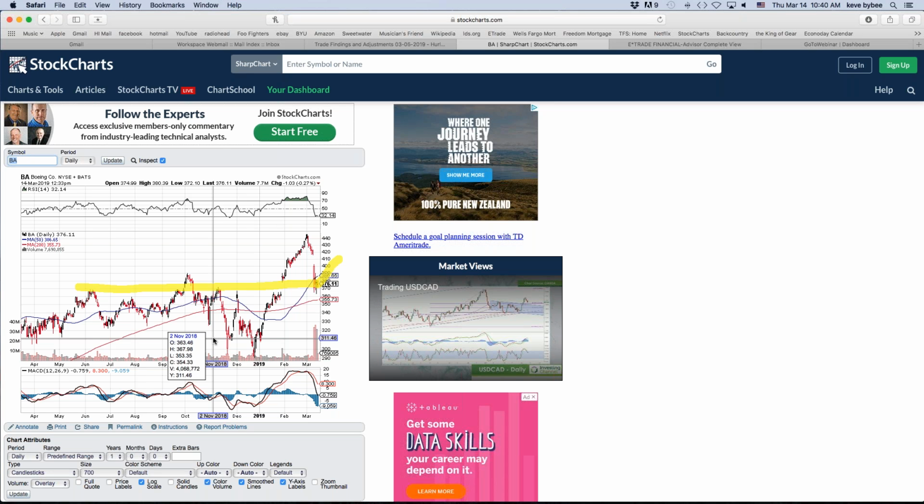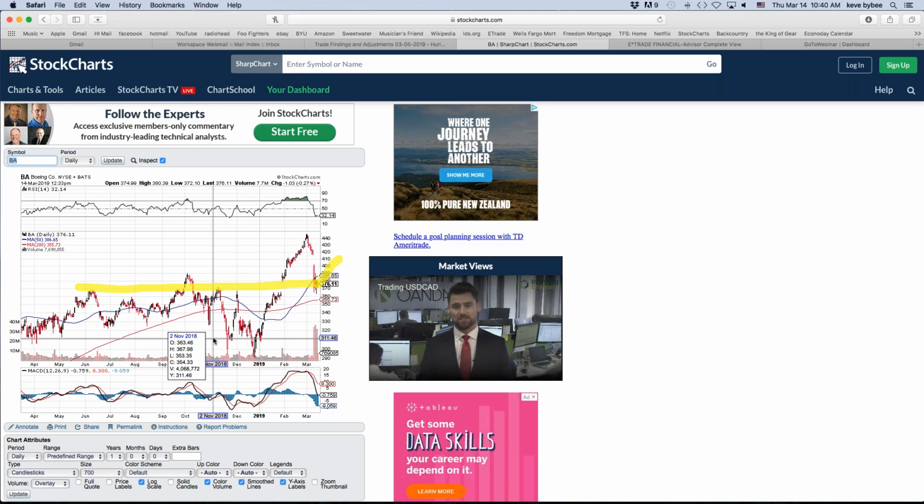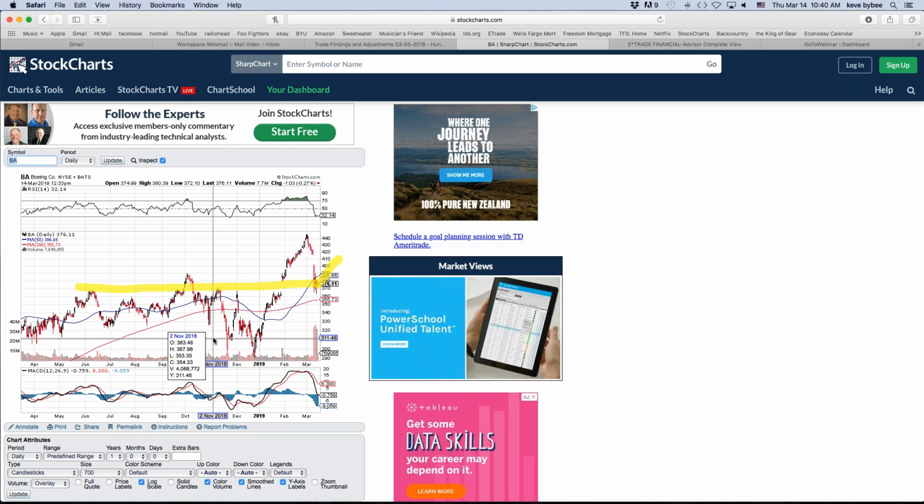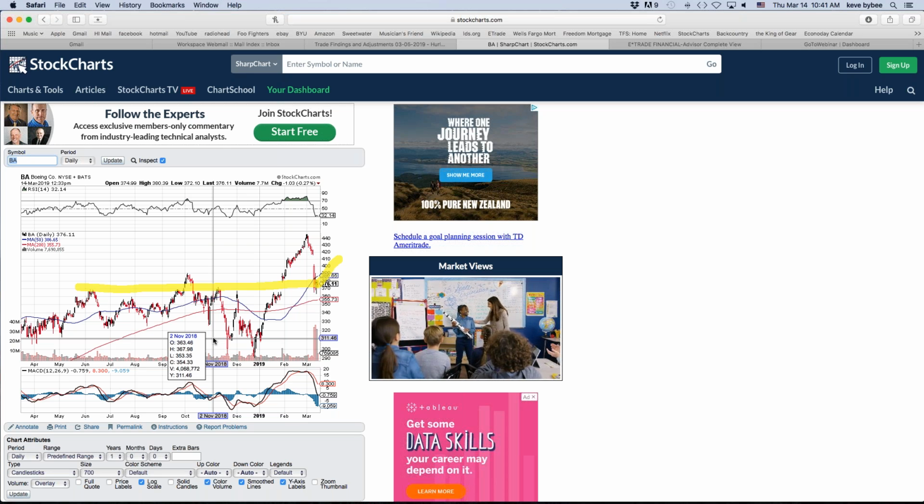And you know, with new planes coming out, typically things happen. Hearing that the Ethiopia crash was the problem, it kind of makes me wonder whether there was some pilot error in there.